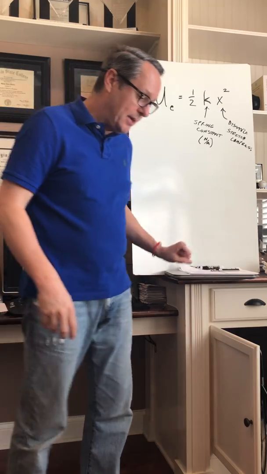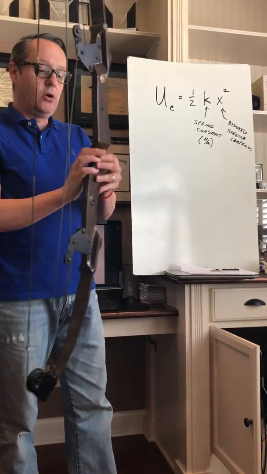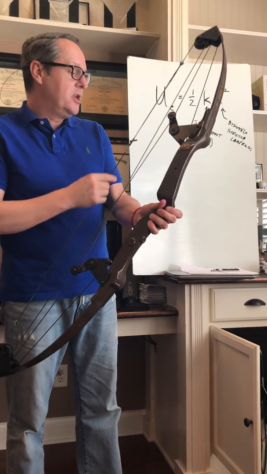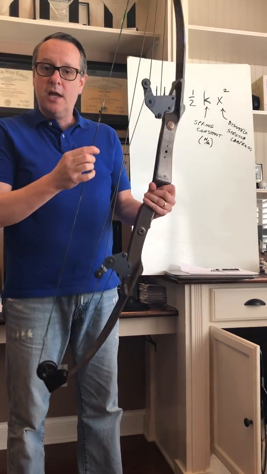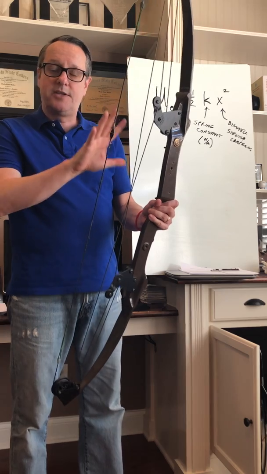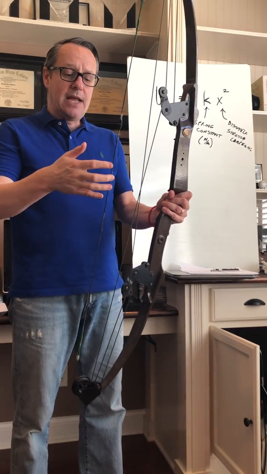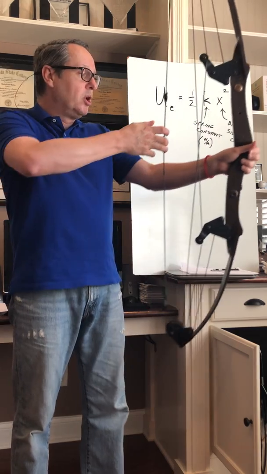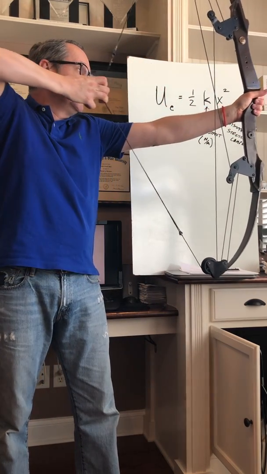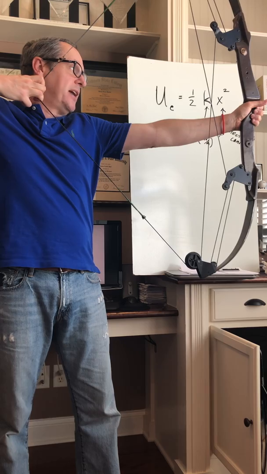I just happen to have an example here with props here at home. I have a bow. If you know anything about archery, not all bows are the same. This one is a compound bow, but usually I would pull a bow back the same distance every time.